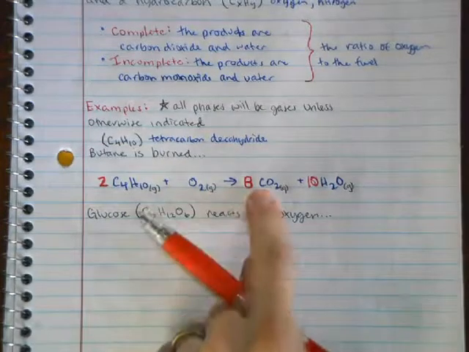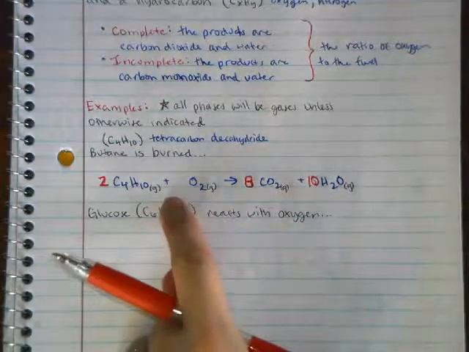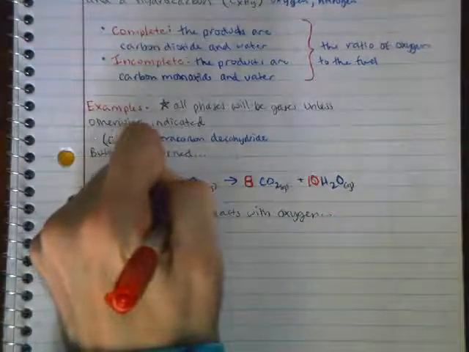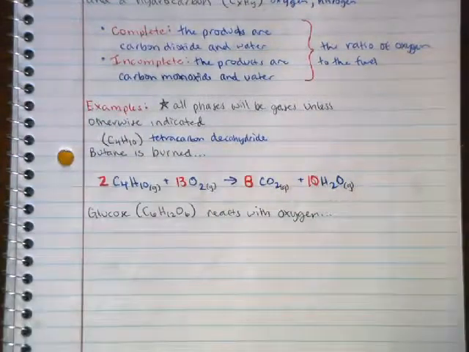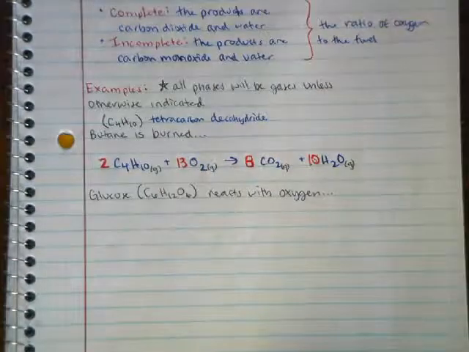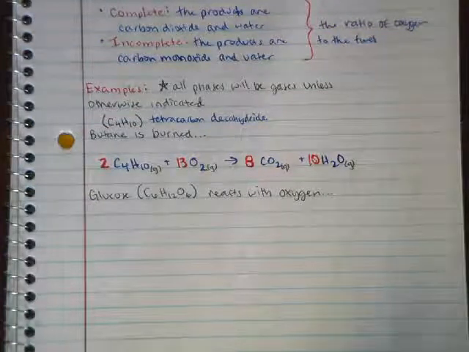Now I have 8 times 2 is 16, plus another 10 is 26 oxygens. There is a number I can put here to make that work, and that is 13. Okay, so that's an easy example. Yeah, we had to double our fuel, but that's just counting. Remember, balancing is a guess and check process, so don't worry about that.